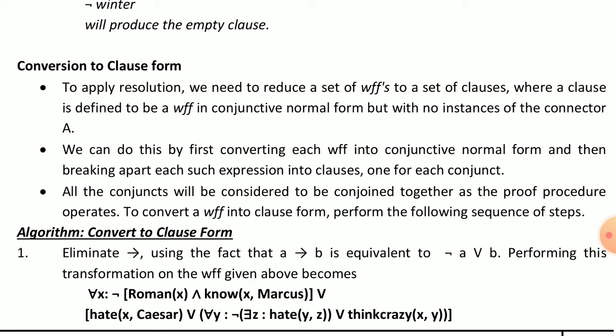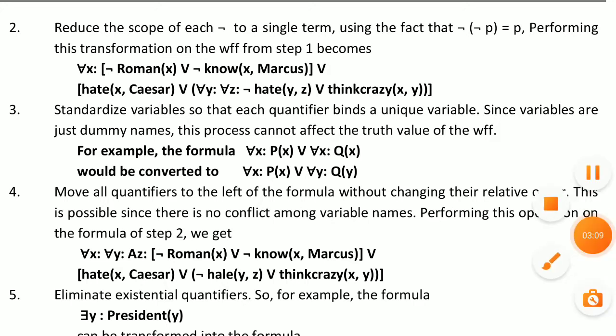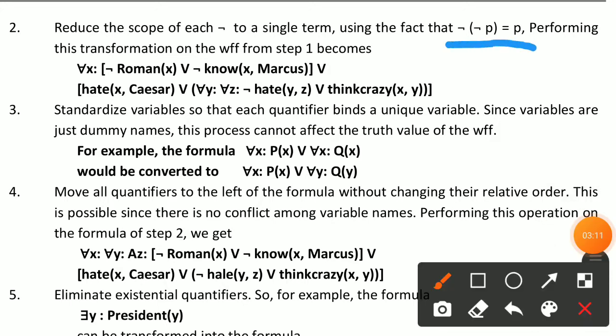So this is the first step. Now the second step: reduce the scope of each not to a single term, using the fact that not not P is equal to P. In maths, equal means equal. So not not is equal to simply P. Then we perform this transformation on the well-formed formula from step 1.